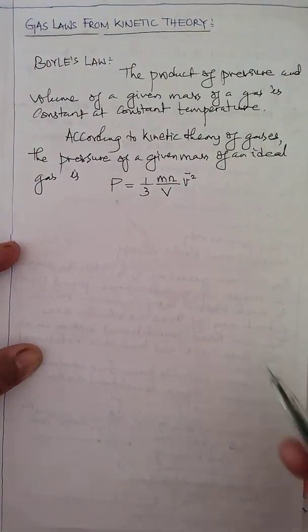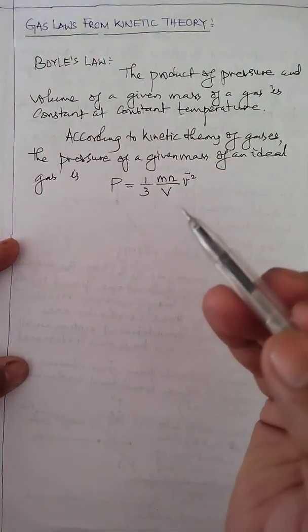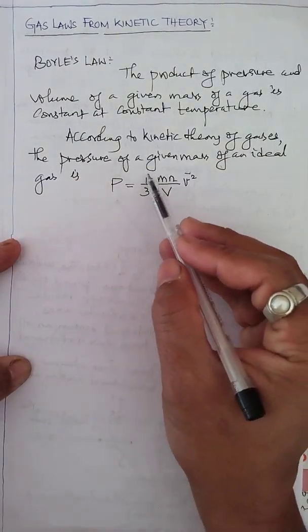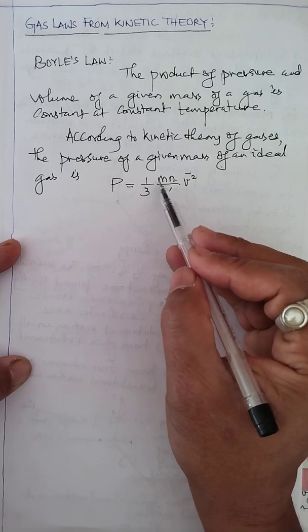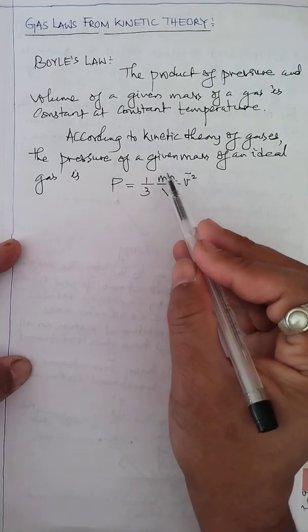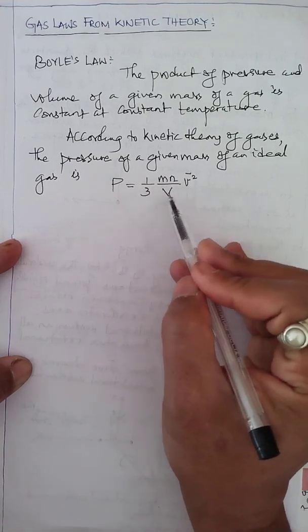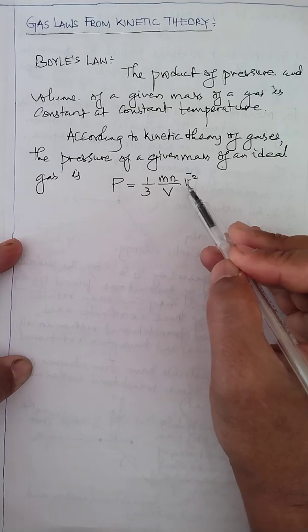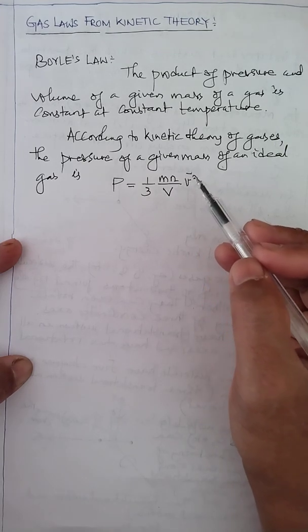Yes children, this is the relation that you have already learned. We have derived this relation also. Here P is the pressure of the ideal gas, m is the mass of each molecule of gas, N is the number of molecules of the gas, V is the volume of the gas, and c² is called the mean square velocity of the gas.